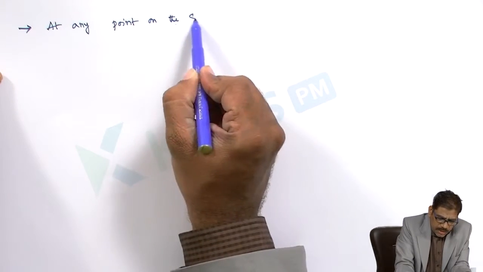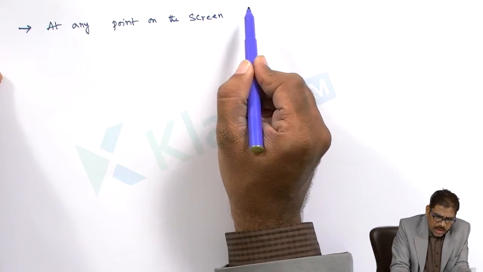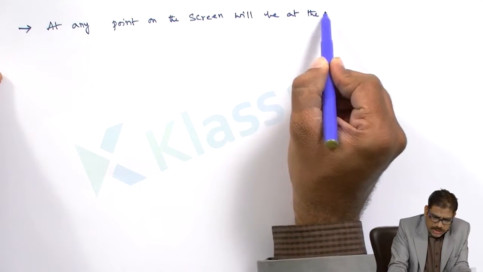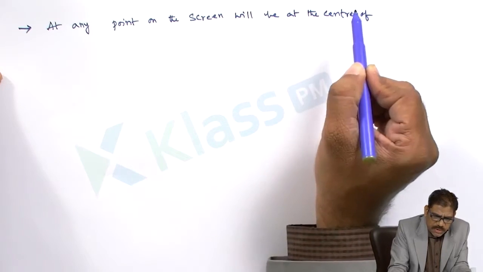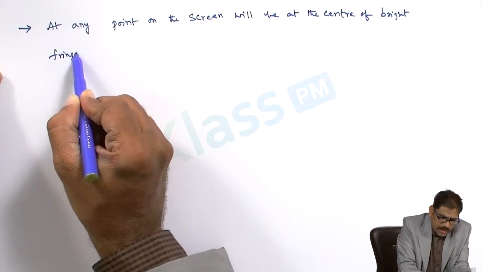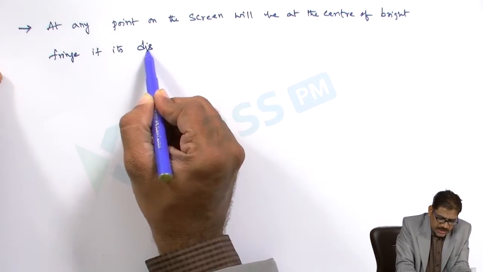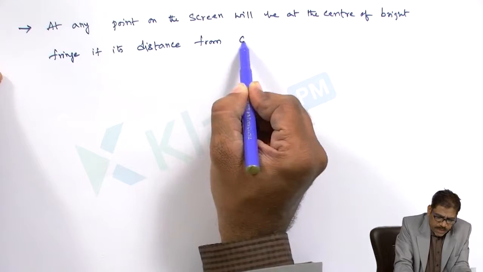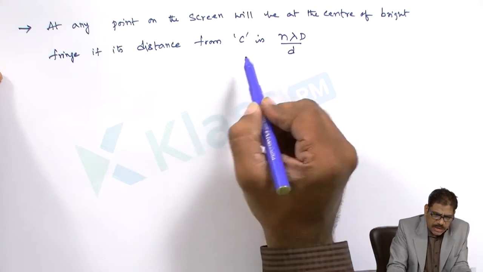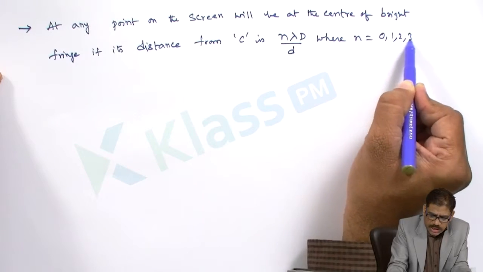Any point on the screen will be at the center of a bright fringe if its distance from C is n lambda D by d, where n is equal to 0, 1, 2, 3 and so on.